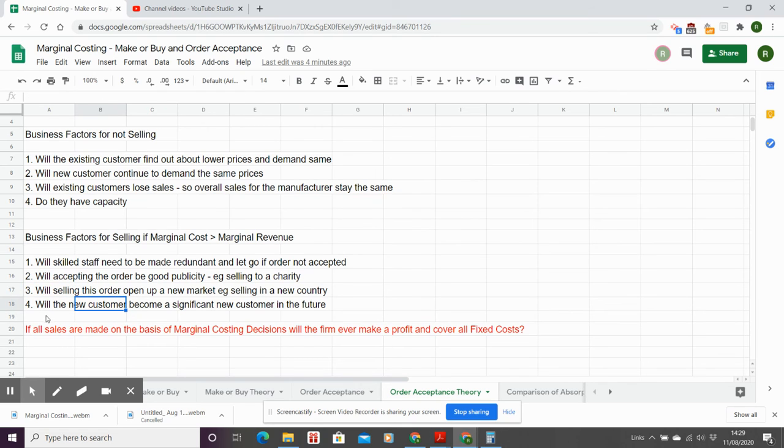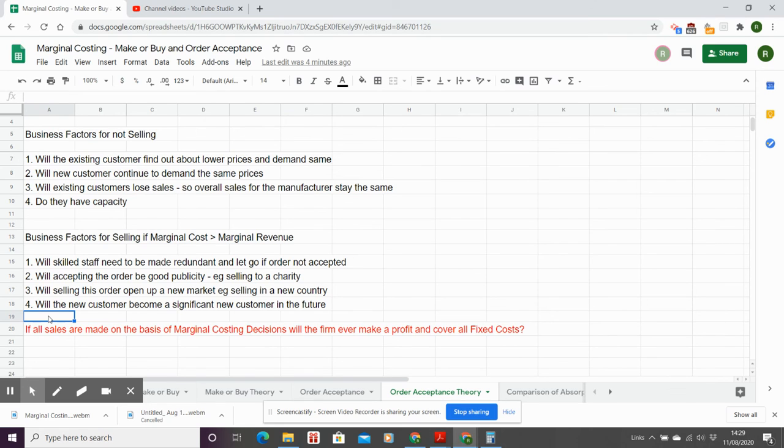Will selling the order open up a new market, for example, selling in a new country? So if you've got a one-off order to sell in Germany, you manufacture in Ireland, it may be great because that gets your brand known in that new country.